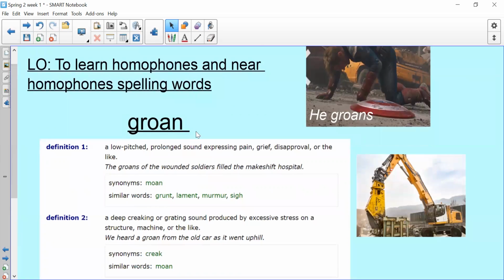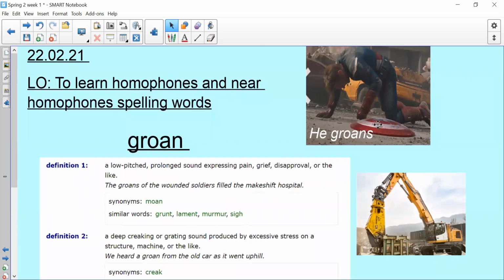Next one, groan, spelt like this. So definition 1, a low-pitched, prolonged sound expressing pain, grief, disapproval, or the like. So, for example, the groans of the wounded soldiers filled the makeshift hospital. Now, I've included a picture of Captain America because I always have to watch films with the subtitles on to help me concentrate.